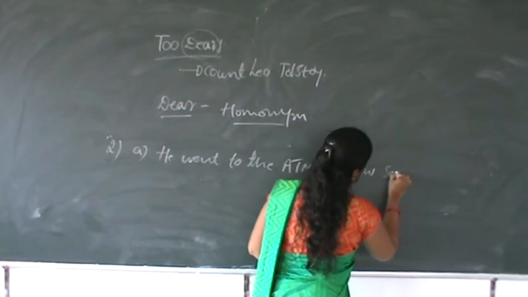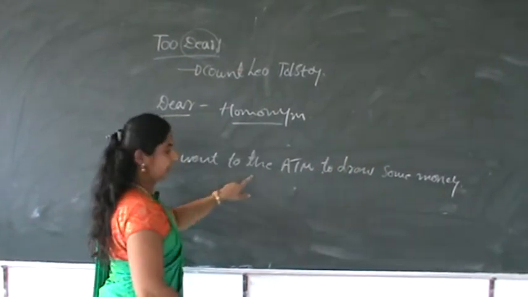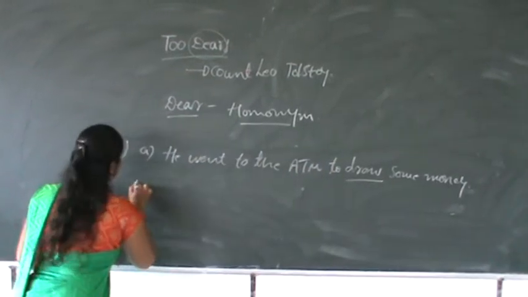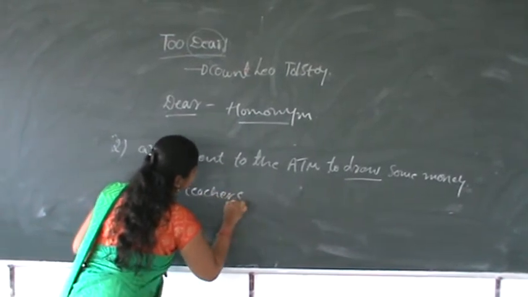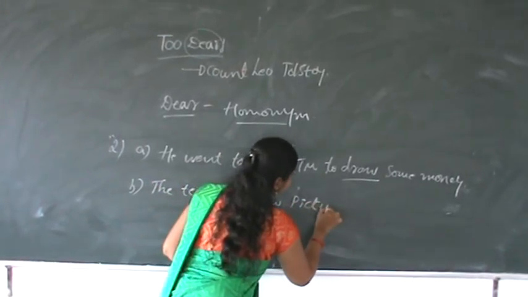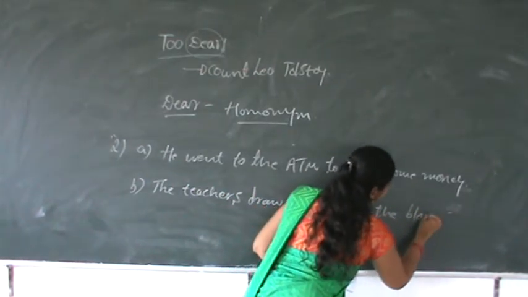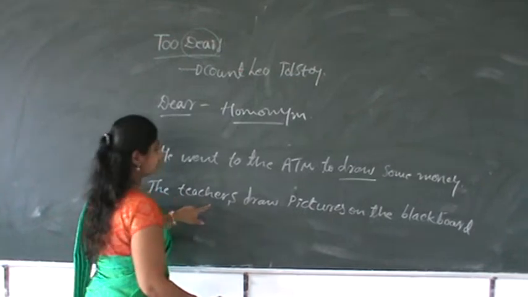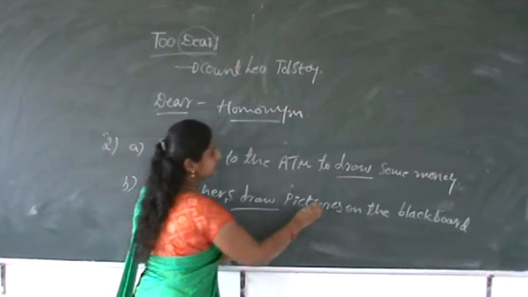And the second sentence: the teachers draw pictures on the blackboard. As the example, he went to the ATM to draw some money.